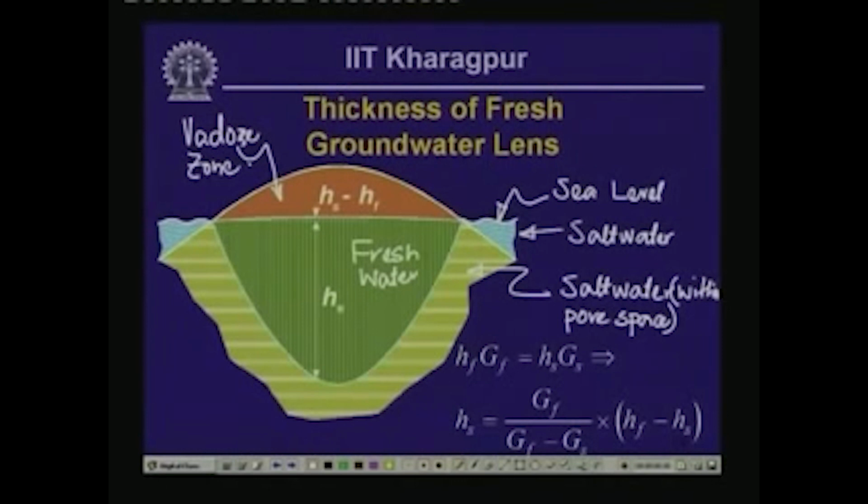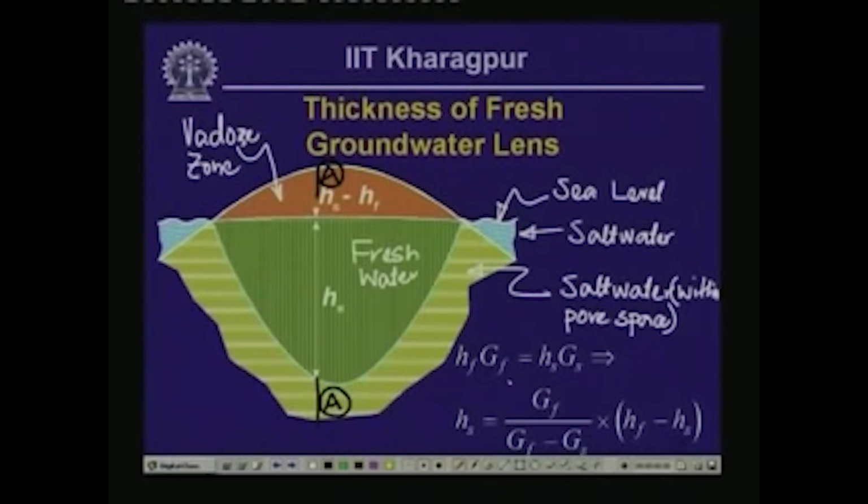Consider the height of the freshwater above a certain point at a certain vertical slice, such as section A. The height of the fresh water we are going to call H subscript F, and the height of the salt water we are going to call H subscript S.